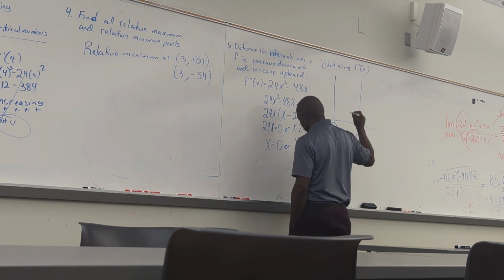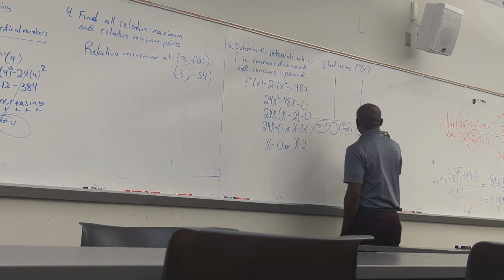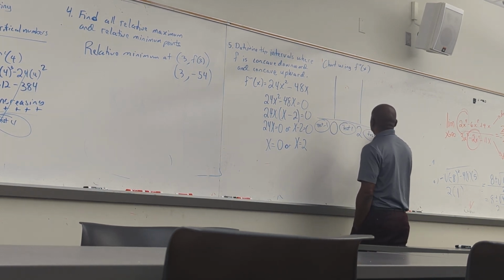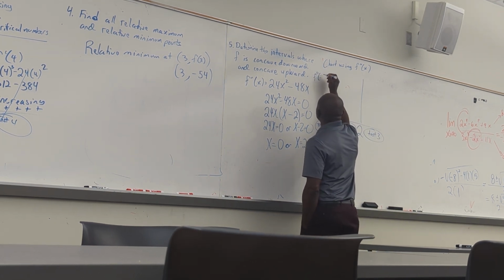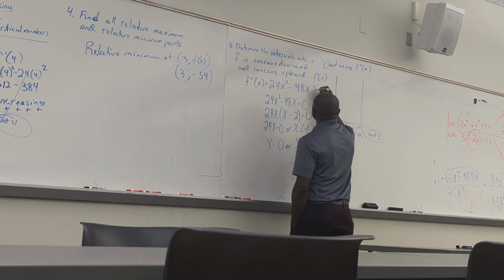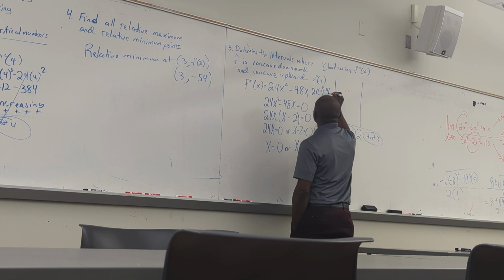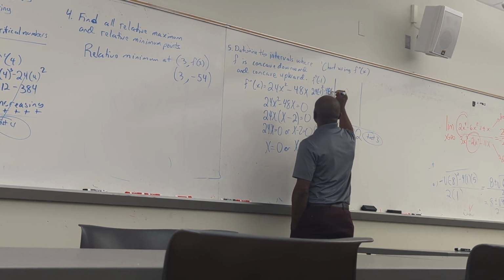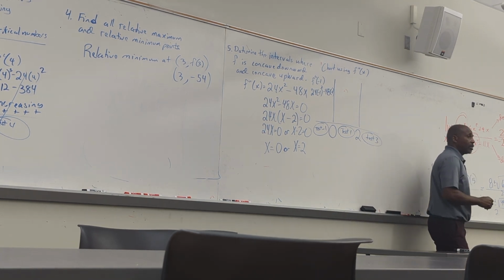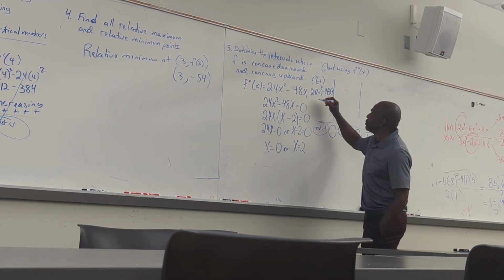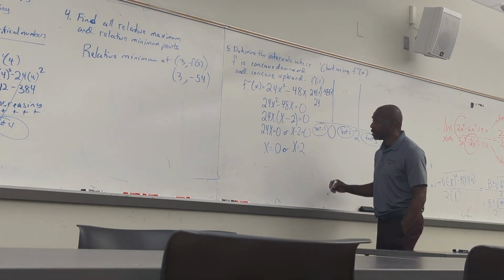Negative 1. What value would you like to test here? 1. And here? 3. So I'm going to find f double prime of negative 1, which is 24 times negative 1 squared minus 48 times negative 1. That's 24, and negative 48 times negative 1 is positive 48.